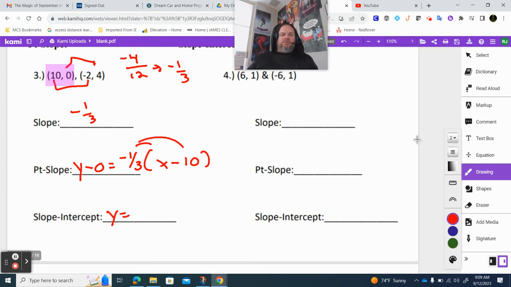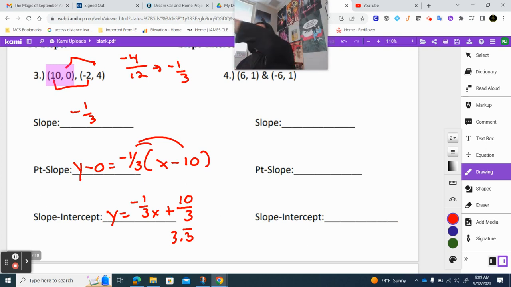We distribute. I get negative 1/3 x plus 10 over 3. Now, if you did 10 over 3 as a decimal, you would get something like 3 point something. You're going to get some of these fractions as your y-intercepts, but you won't have to graph them, which is great.